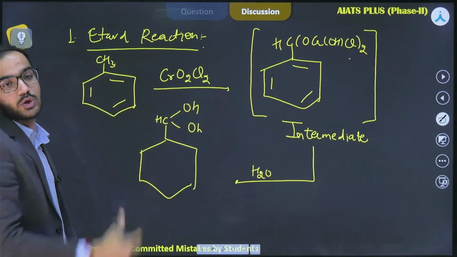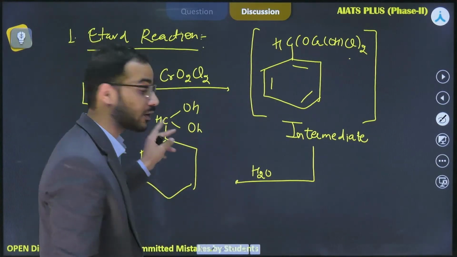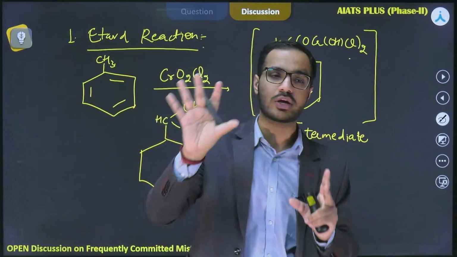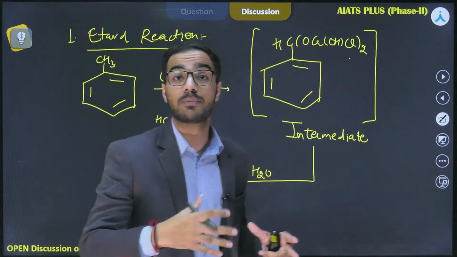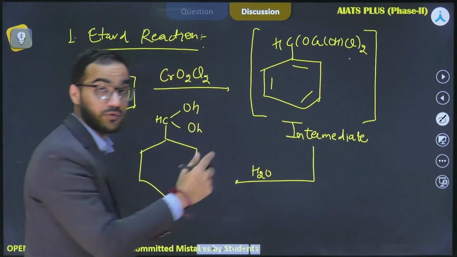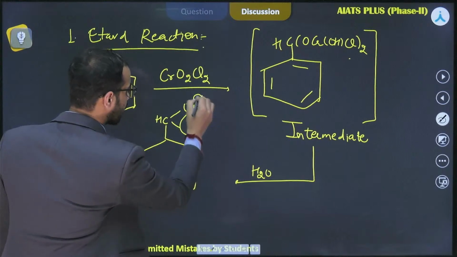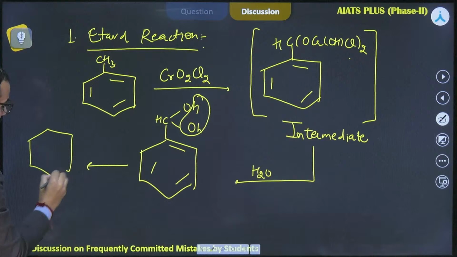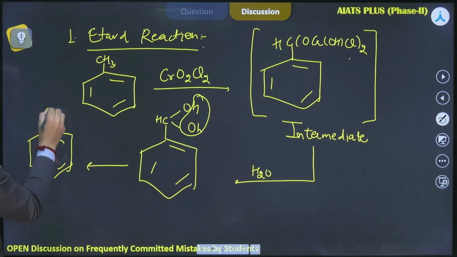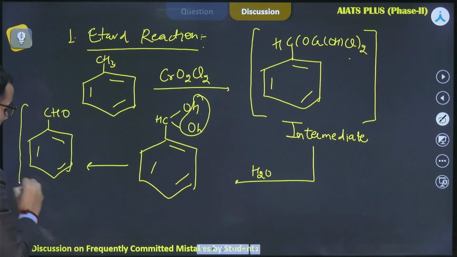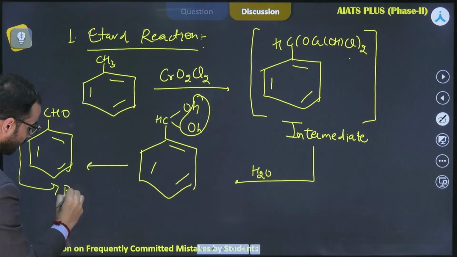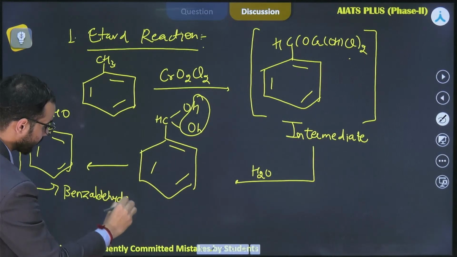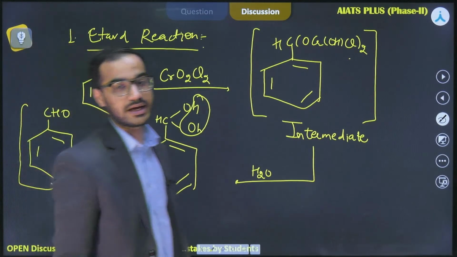And we all know that at one carbon there is very little tendency for two OH groups to be stabilized. It means there will be a release of a water molecule, and you will get a product like this. This is benzaldehyde. This is the Etard reaction.